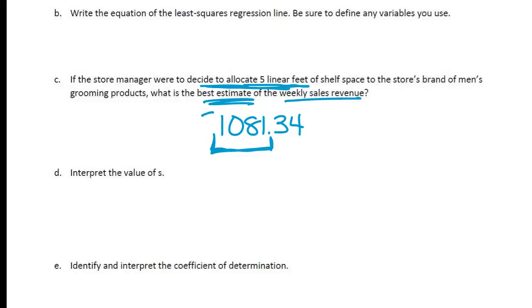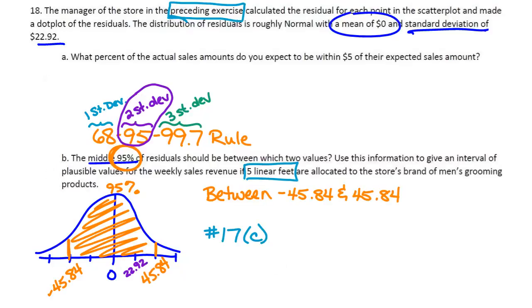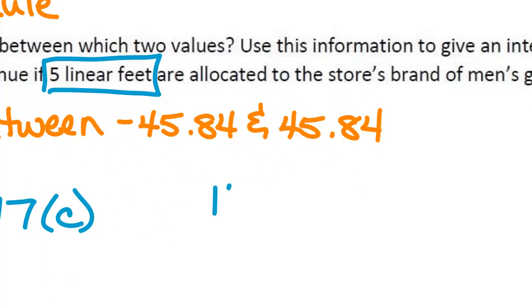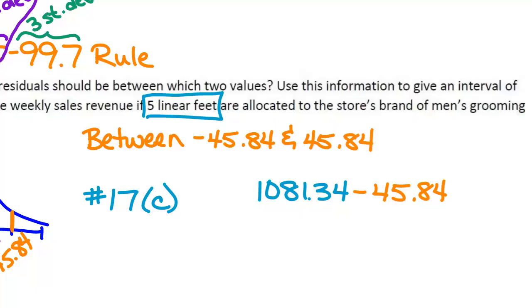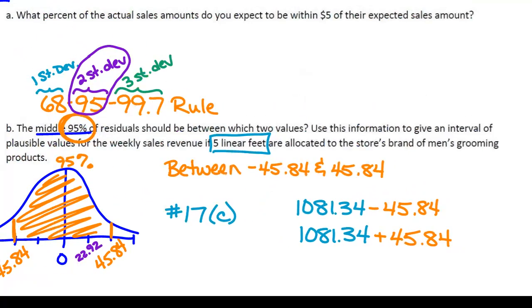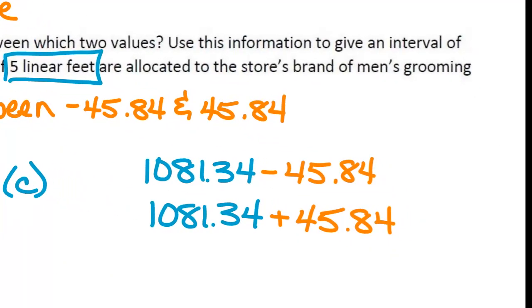But we're going to grab this number right here, and we are going to add and subtract onto it to get our boundaries. So I would have 1081.34 minus 45.84 and 1081.34 plus 45.84 to find the range.